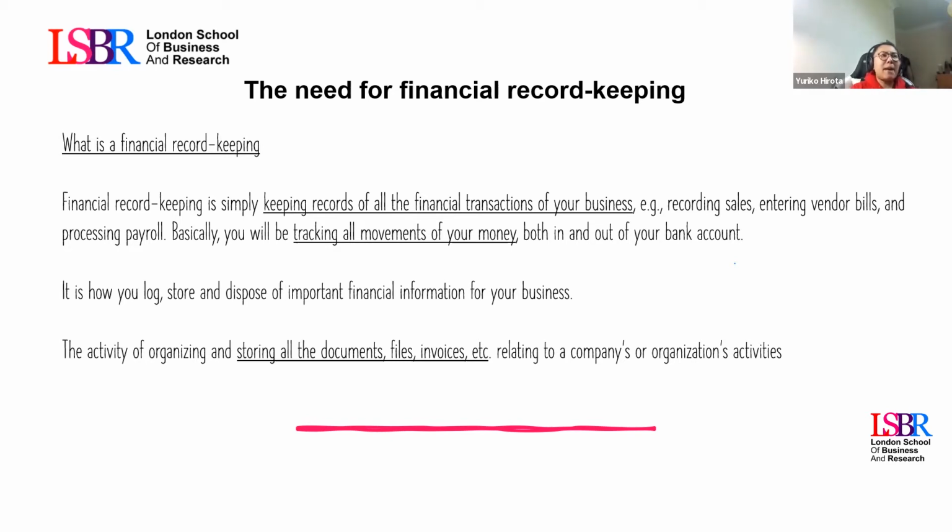Like, for example, imagine a company investing in advertising. Probably this expense is not necessary, but the company has it. So at the end, financial record keeping is not only keeping or having the documents, it is also organizing the documents and giving them a logical structure.